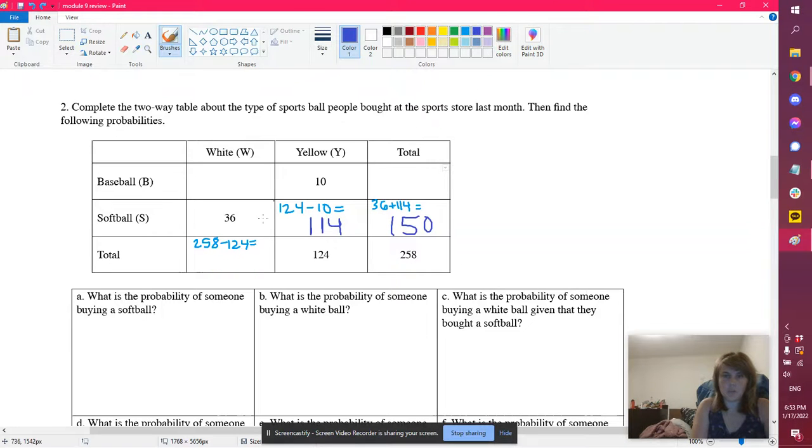Set the one in the other blue. That seems good. This one is 134 minus 36, which is 98. Is that true? Yes. And then this one is 98 plus 10, which is 108.